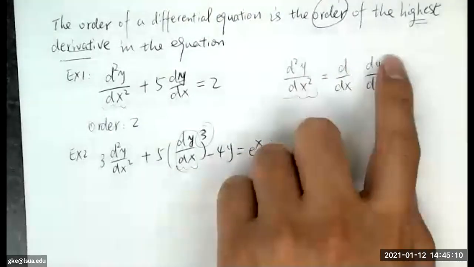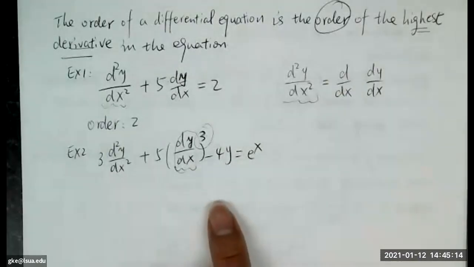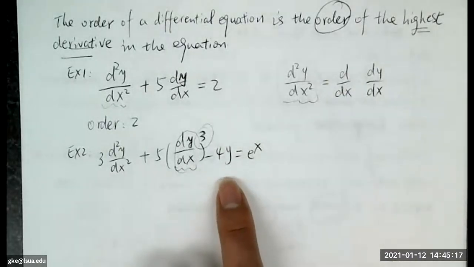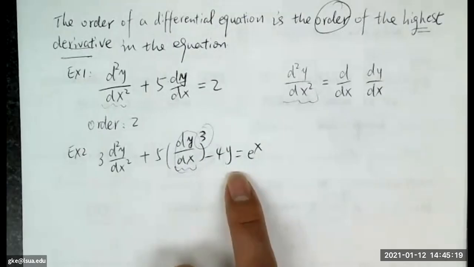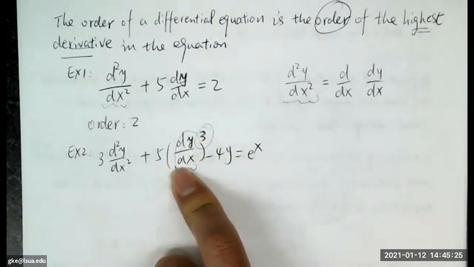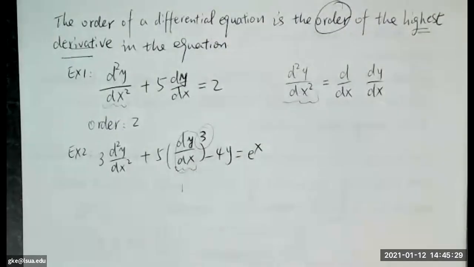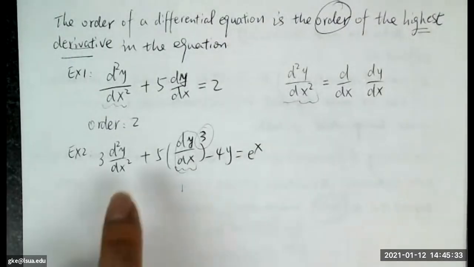We only consider how many times we do the derivative. We don't care about the power. Okay, whatever that is, square or 100, we only do the derivative once. So we only count this guy as 1, right? We do the derivative once for this term.